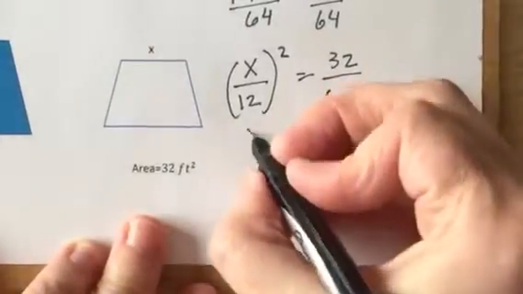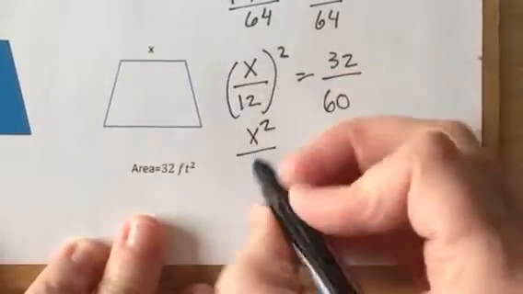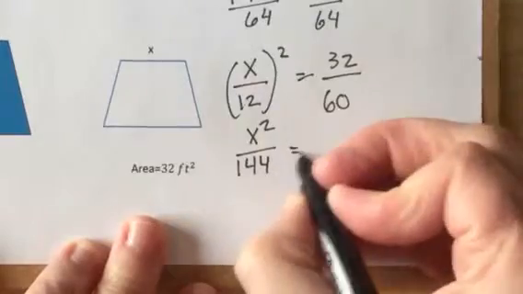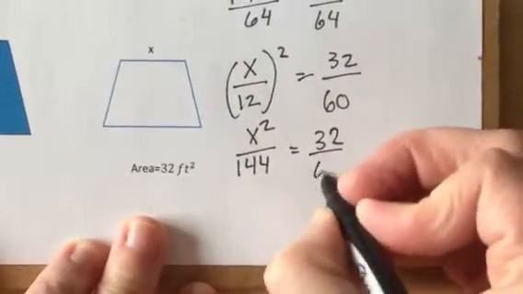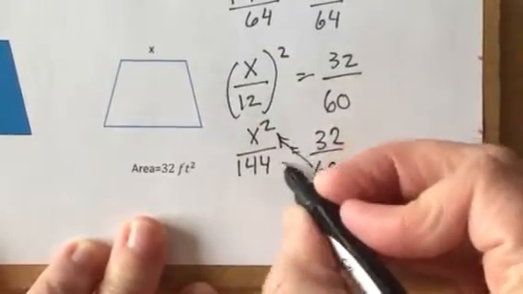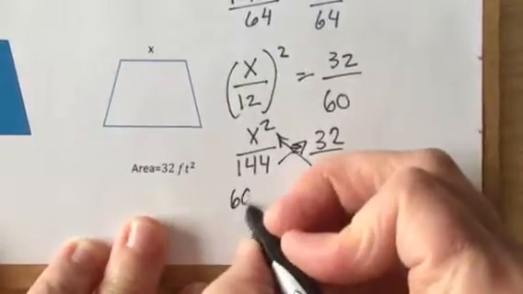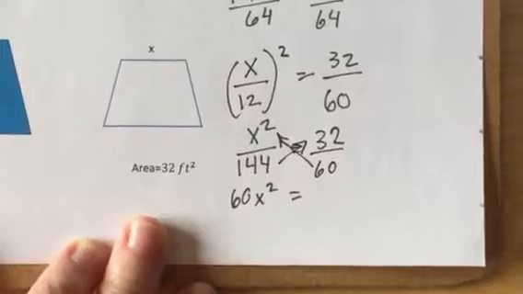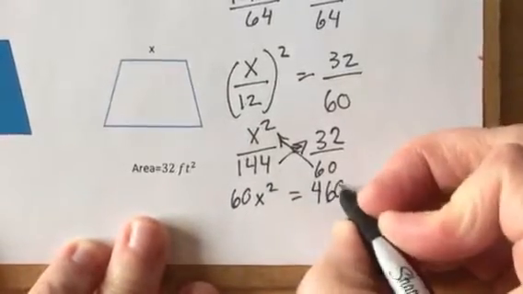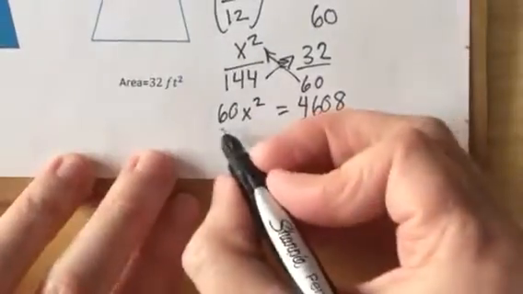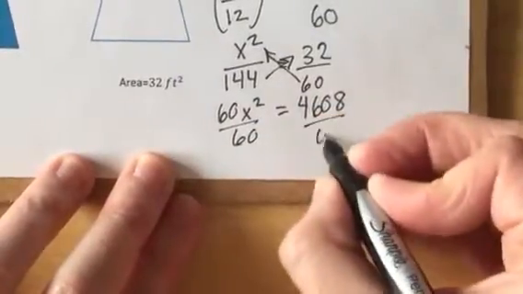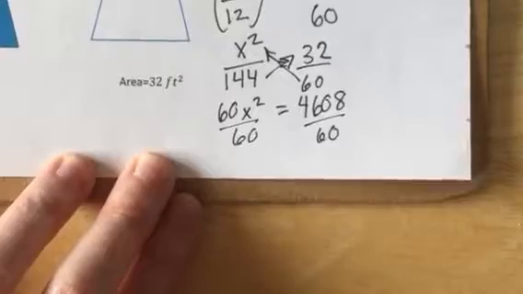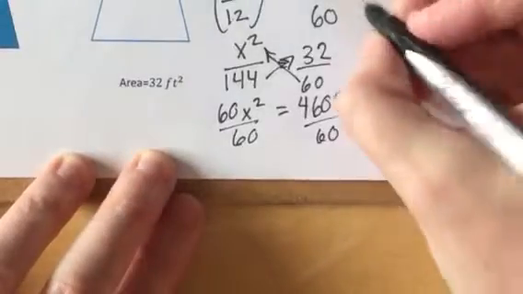Okay, x to the second power is x squared. 12 to the second power is 144 equals 32 times 60. Cross multiply, we will get 60x squared equals 144 times 32, which is 4,608. Divide both sides by 60, and we get 76.8.